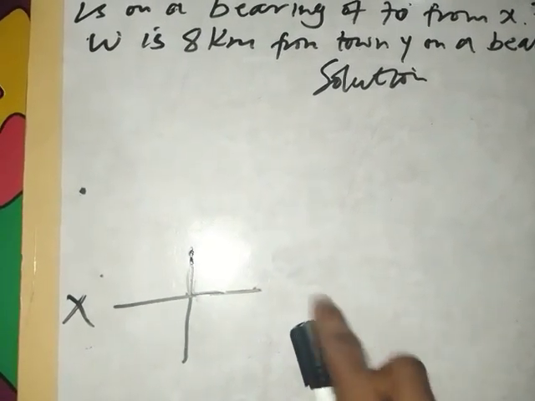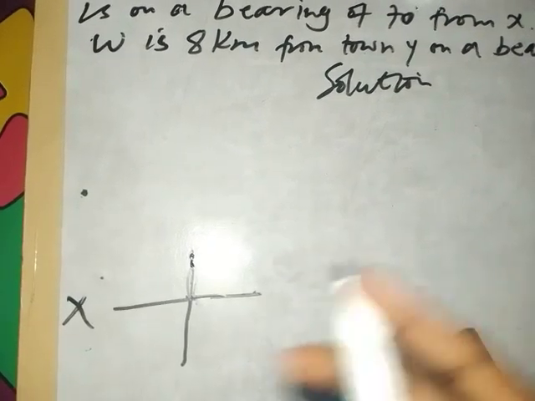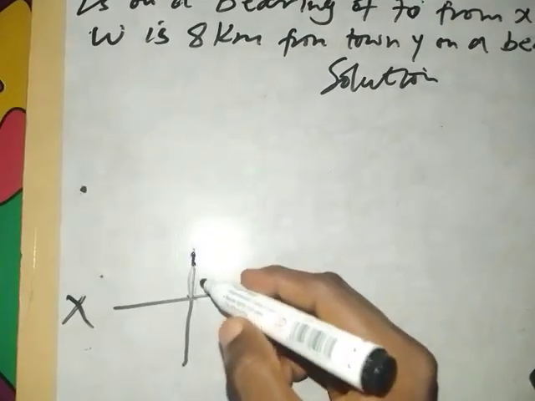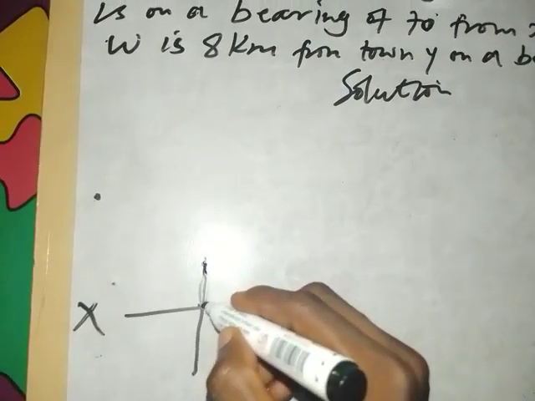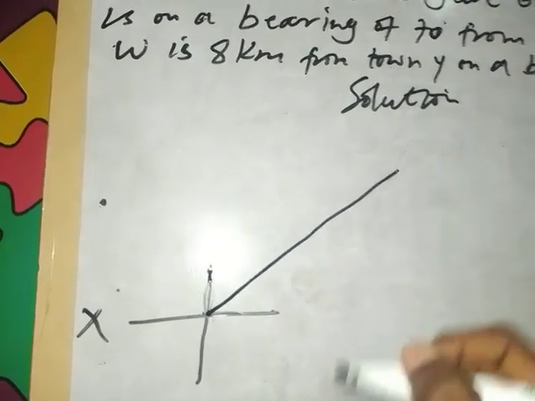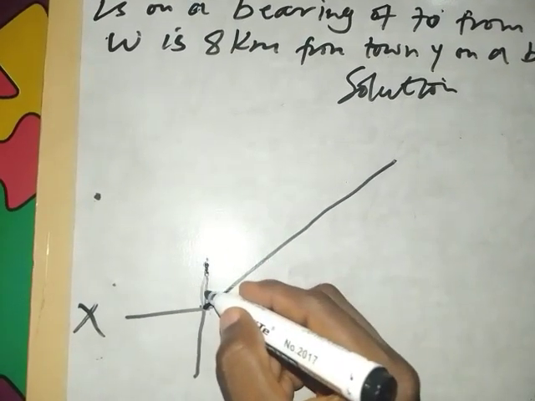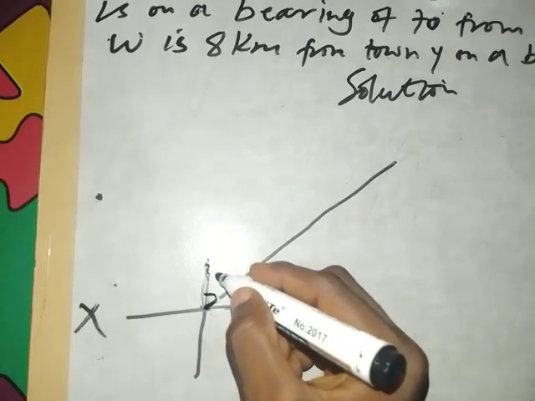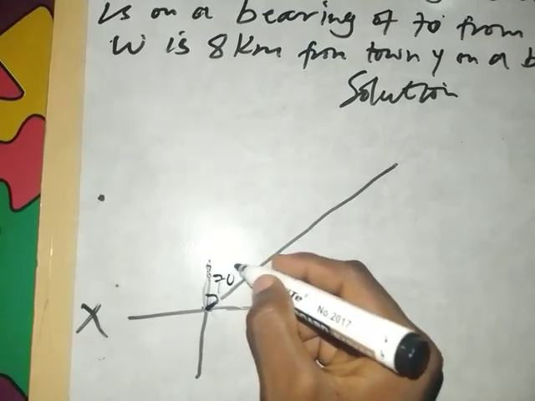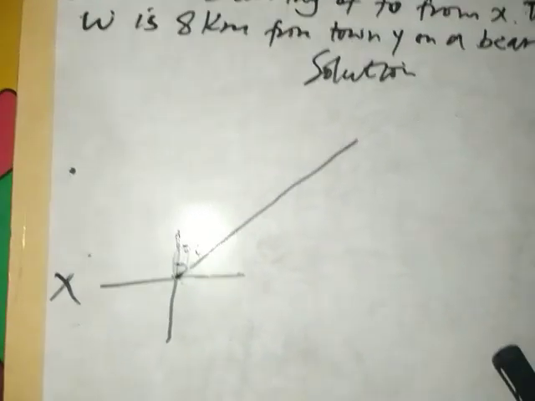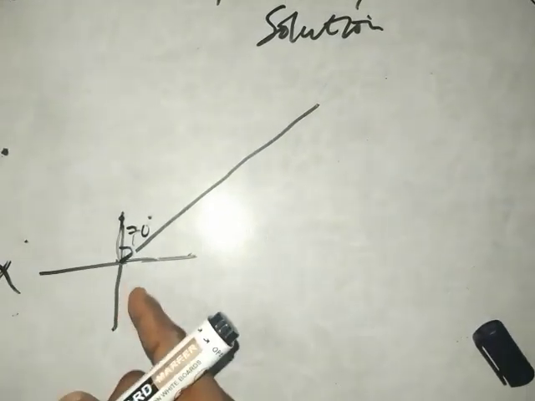Now what I need to do is draw a line from here like this. You call this angle 70 degrees.